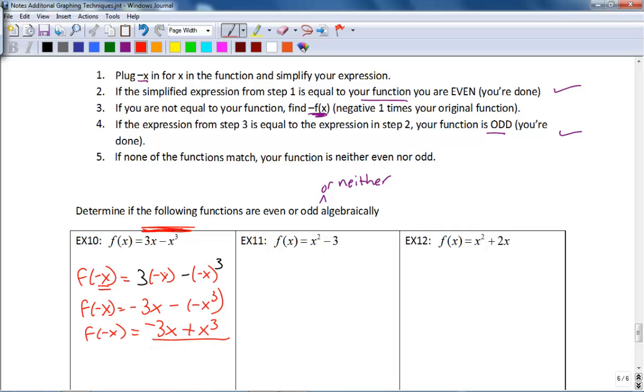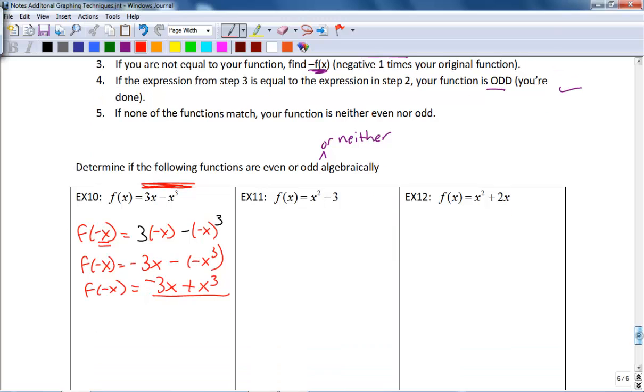So I'm not even. Now I need to figure out if I'm odd. The way to do that is to multiply, step 3, your original function by a -1. So I'm finding the negative of f of x, which again means just to multiply the original function by -1. If I do that, let's distribute my -1 in.